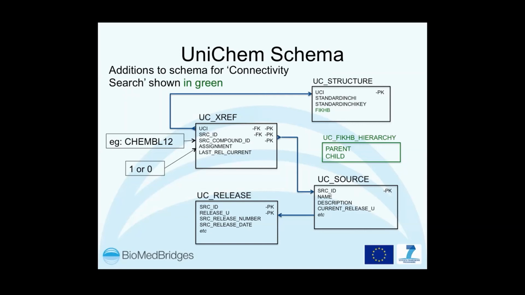So as we load new structures into UniChem, if it's a multi-component standard InChI, we parse it and the separate first InChI key hash blocks are generated and stored in the parent-child fields of the first InChI key hash block hierarchy. And we use this table as a lookup if we wish to pull out data across mixtures and salts. You'll also notice we've added an extra field to the structures table called the FIKHB.